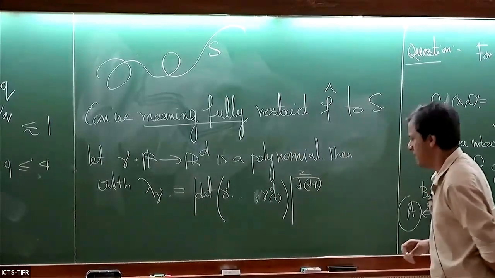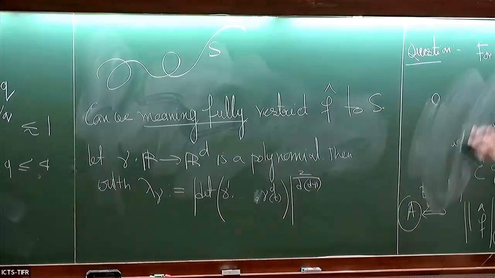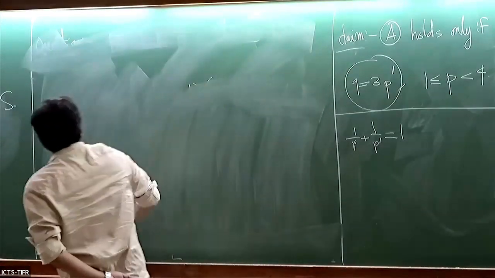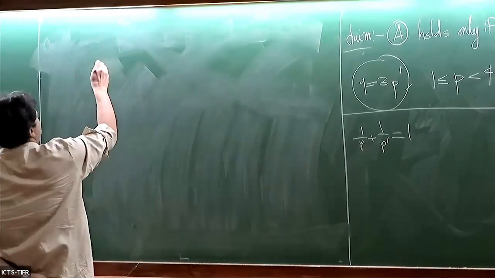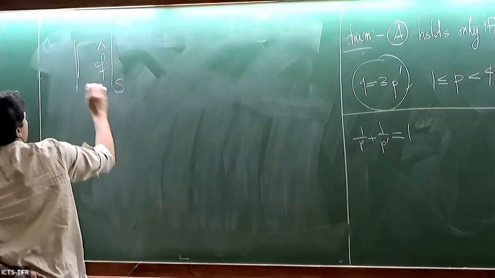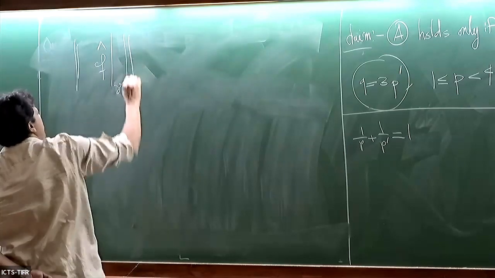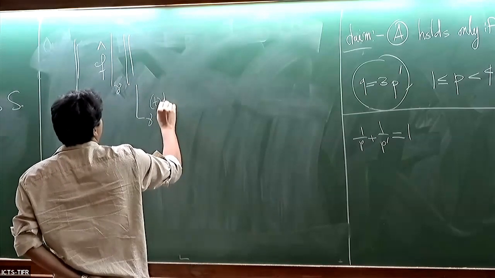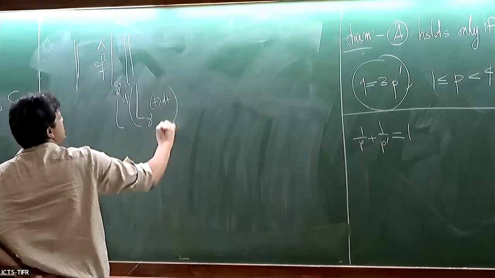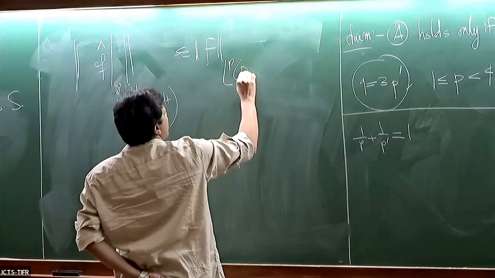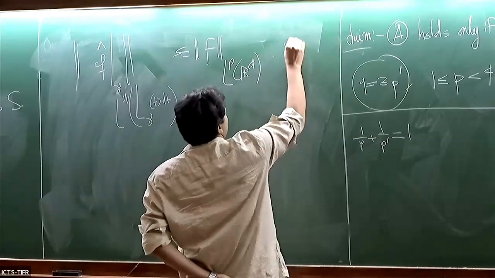With this affine arclength measure, one can restrict the Fourier transform: the L^q norm of the restriction of f hat to gamma with respect to lambda gamma dt is bounded by the L^p norm of f on R^d, for all nice f.